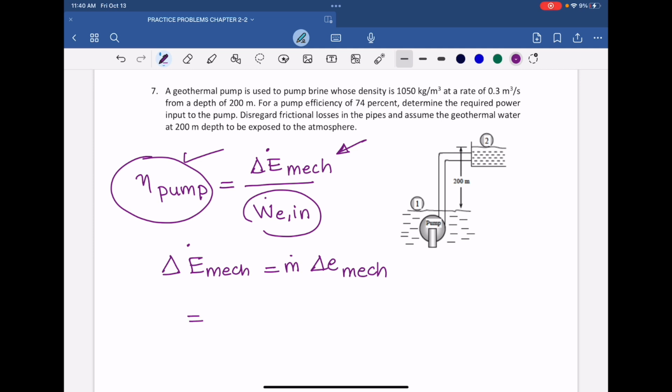And in this case, again, flow energy or kinetic energy, these are insignificant compared to the potential energy change achieved with the pump, because they didn't give us any information about pressure, and the kinetic energy velocity changes.